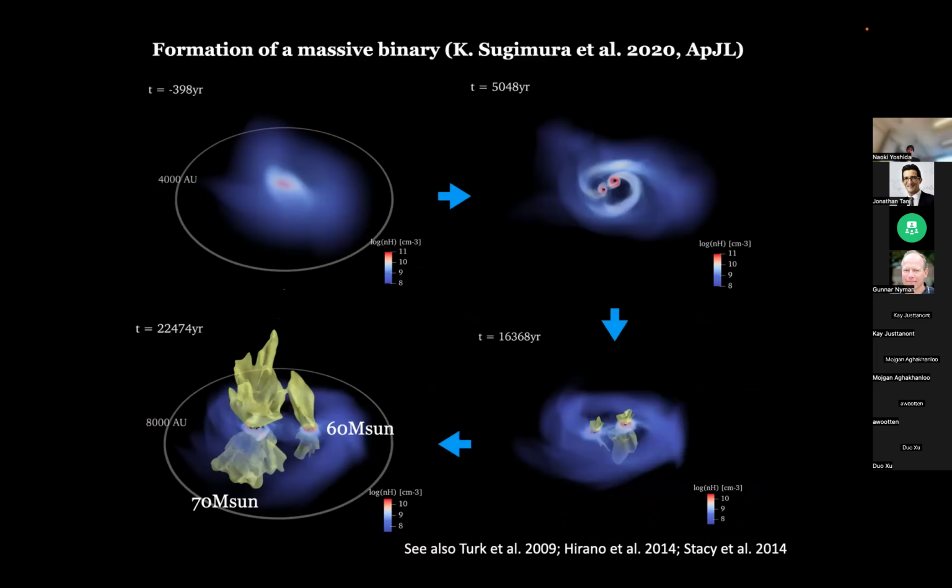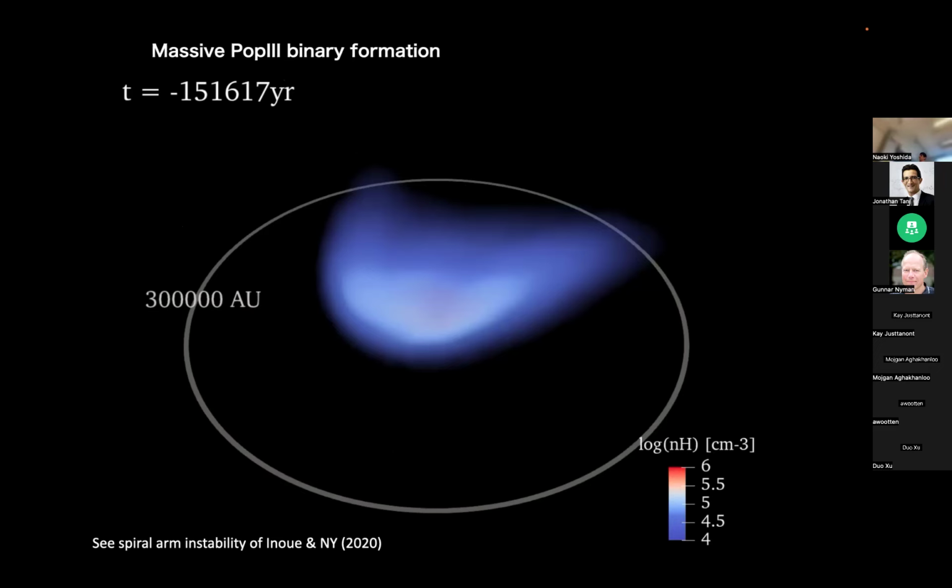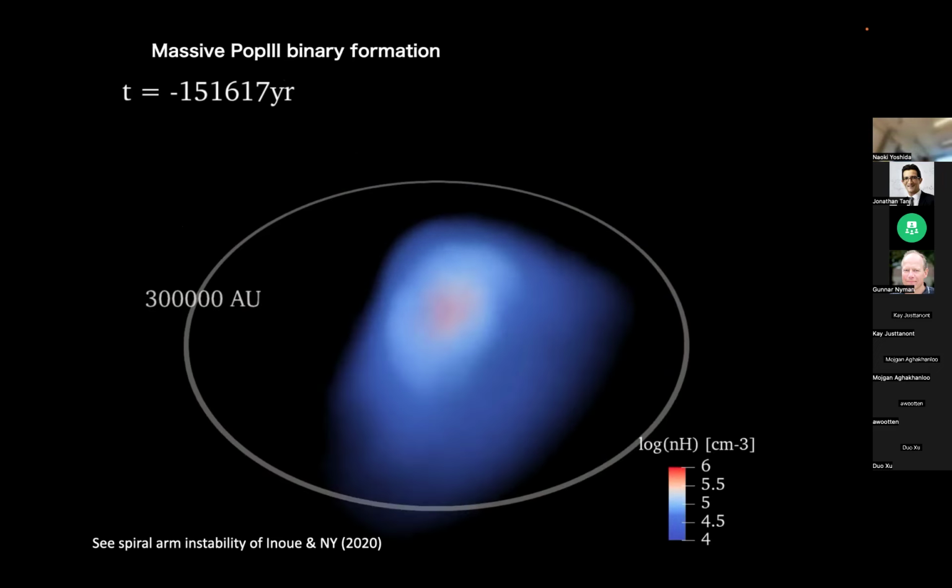And then let me show you one nice example of the simulation of binary Pop III star formation done by Katsuragi. Okay, now I show a movie. The movie shows the sequence from the gas cloud to protostellar formation and then the binary formation, just like this, starting from the gas cloud.